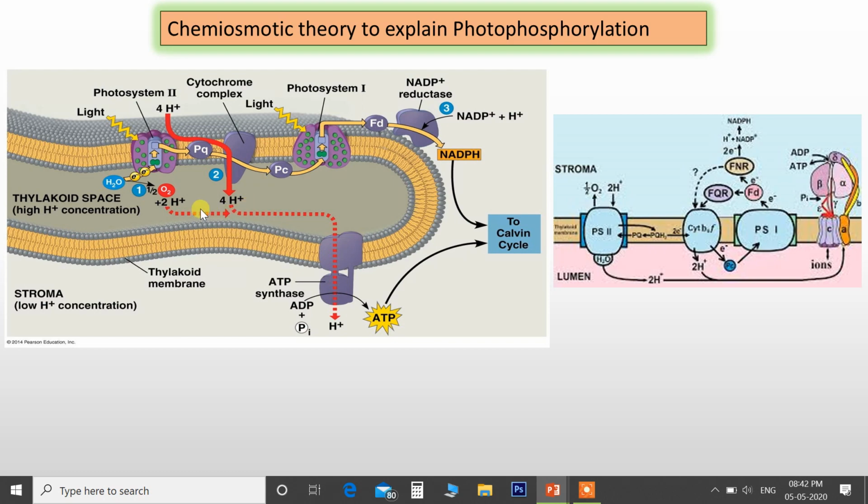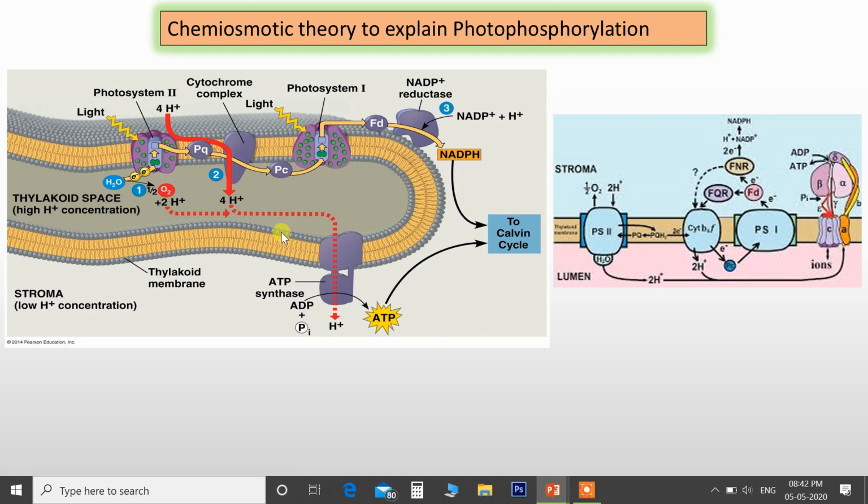This gradient should be broken down, but it is possible only by the downhill movement of these protons back to stroma. We can break this proton gradient only by the downhill movement of protons back to stroma. So the next problem is through which pathway these protons will move. The protons need a proton channel for their movement, because they cannot traverse the thylakoid membrane, as they are ions.